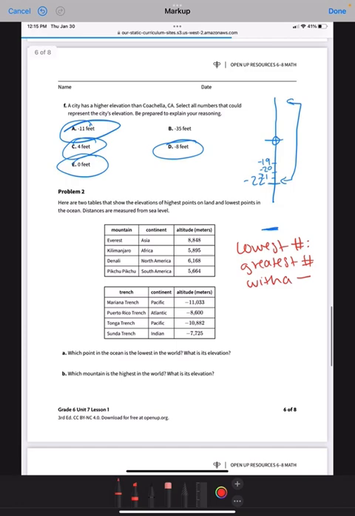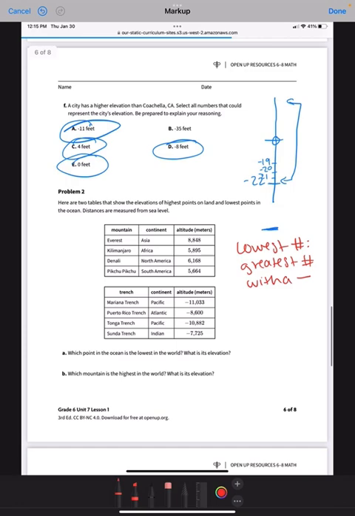And that's going to be so confusing because you're going to be like, it's so big though, it can't be smaller, but really, think of it as going down on an elevator, right? If I'm going down and I continue going down and I'm getting further away from 0, my number's going to get bigger actually, but I'm getting further away. So take a couple minutes and you can answer A, B, and C.